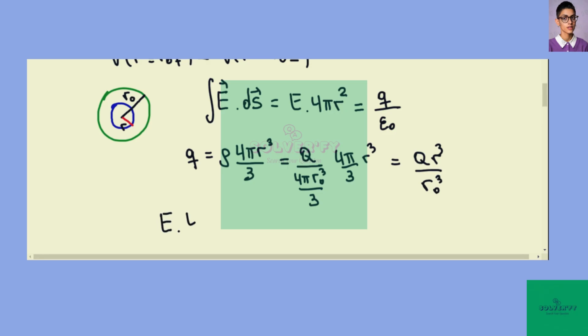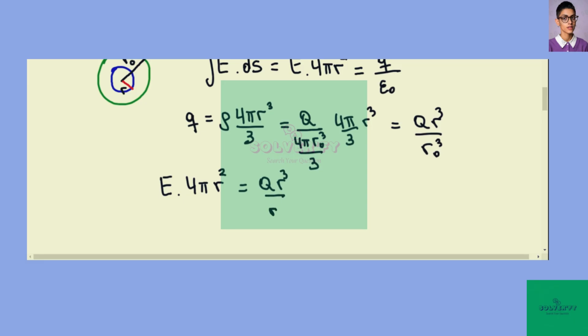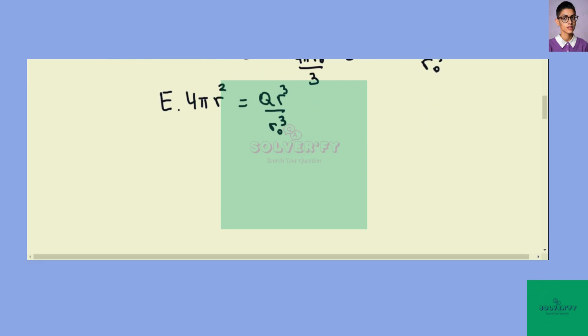So E times 4 pi r squared is equal to Q r cubed over r0 cubed. So E is equal to Q r cubed over 4 pi epsilon 0 r0 cubed, and we have to divide everything by r squared, so I'm just going to cancel the 3 here. So this is the electric field.